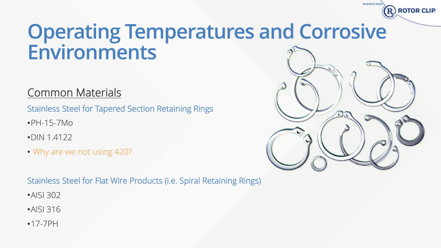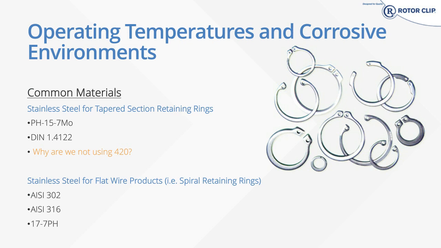Why are we not using 420 stainless? 420 stainless has a low carbon content, makes it difficult to heat treat. So you often see a lot of failures resulting with questionable heat treat coming out of these parts. Since the DIN 1.4122 and 15.7 perform better, it's just best to avoid 420 altogether.